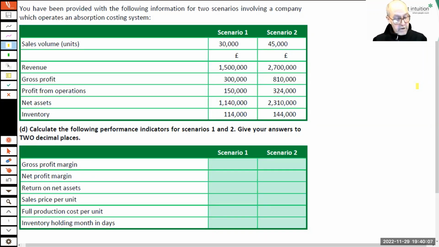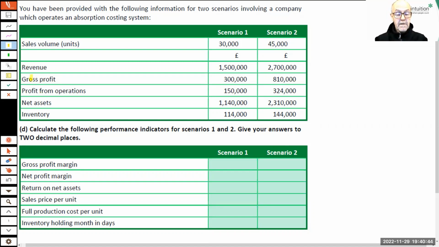We can see our different revenue estimates, our gross profit estimates, our profit from operations, which we assume is after we've deducted our overheads. The net assets that we would need, because you can only make so many units with so many machines, you have to invest in more machinery, and the inventory that we would carry. So it's performance indicators.